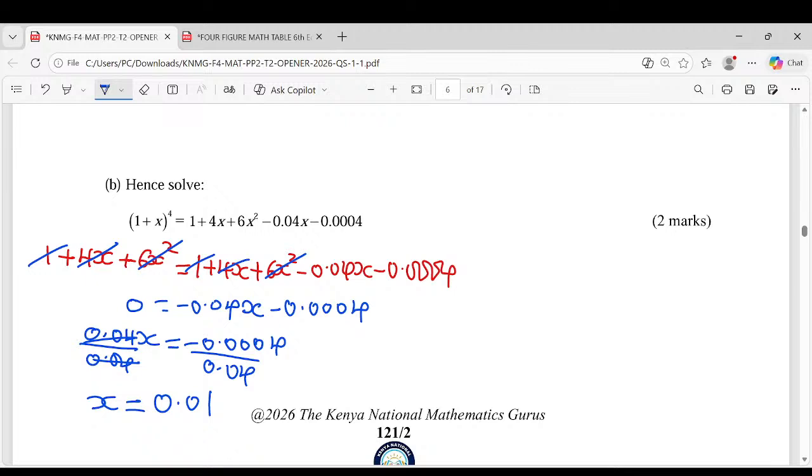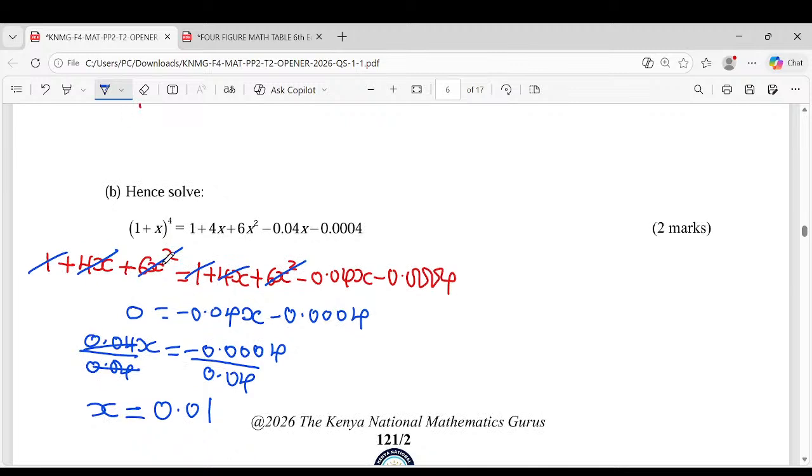Remember, we are now supposed to solve this. So after getting x as 0.01, our answer will now be, because we need to solve this, 1 plus 4x plus 6x squared minus 0.04x minus 0.0004.